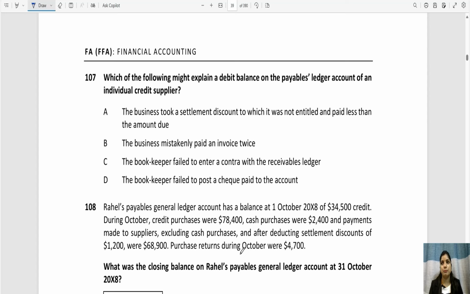We might have paid our supplier twice, or the supplier might have passed a credit note. So there could be possible scenarios, but let's evaluate each of the four options. Option 1 says the business took a settlement discount to which it is not entitled and paid less than the amount due.